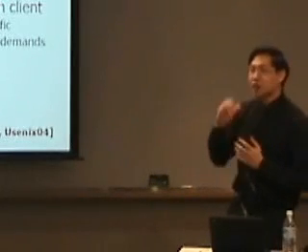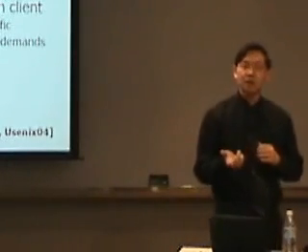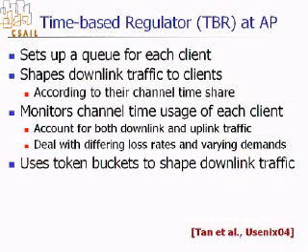For each client, the AP monitors the channel time usage because it knows how long it took when it either transmits or receives a frame. Based on this, and knowing how many competing nodes are out there, it can compute the fair share. Based on this, it regulates the downlink flow to the client.